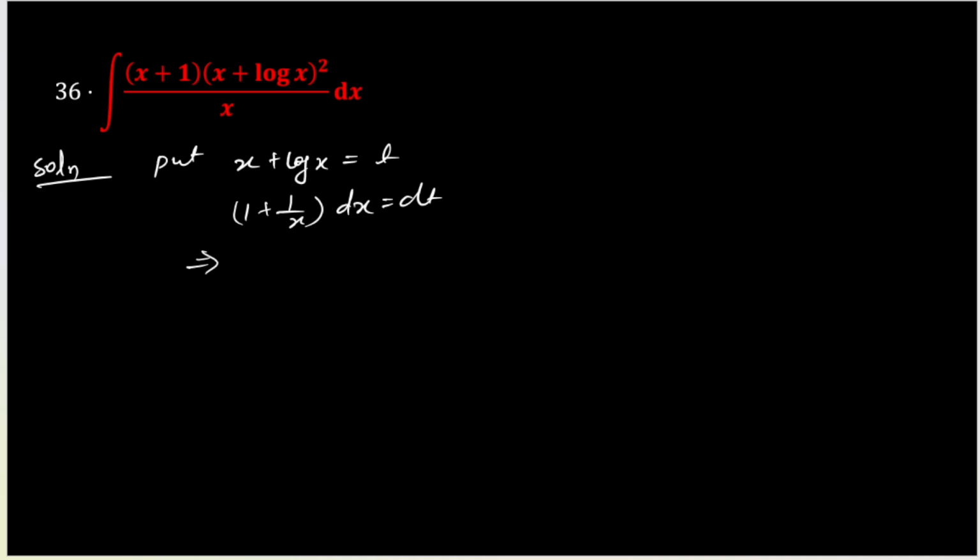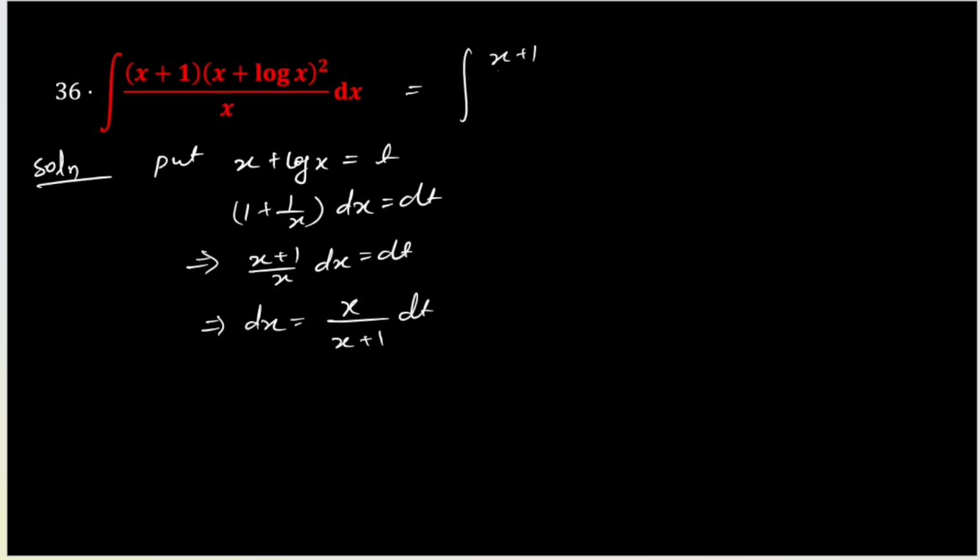Simplifying, it can be written as (x plus 1) by x into dx equal to dt, and then dx is equal to x by (x plus 1) into dt. So this integral you can retain as (1 plus x) by t to the power x squared by x, and dx is equal to x by (x plus 1) into dt.